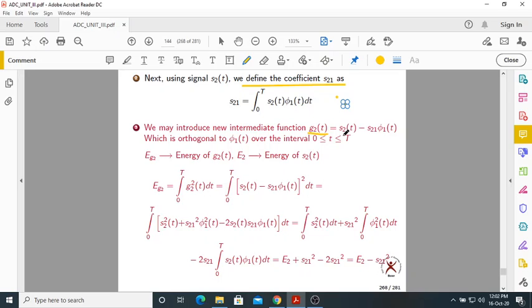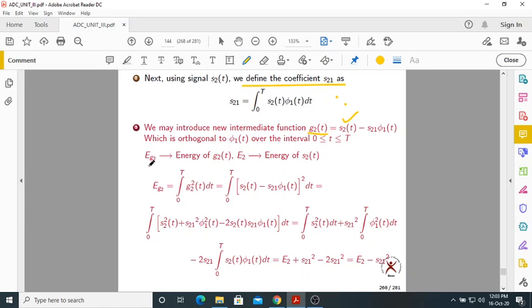That is equal to S2 of t minus S21 phi 1 of t. Now here we know S2 of t, which will be given to you. S21 we found in the second step. Phi 1 of t we found in the first step. In the third step, we first have to find the intermediate function g2 of t.